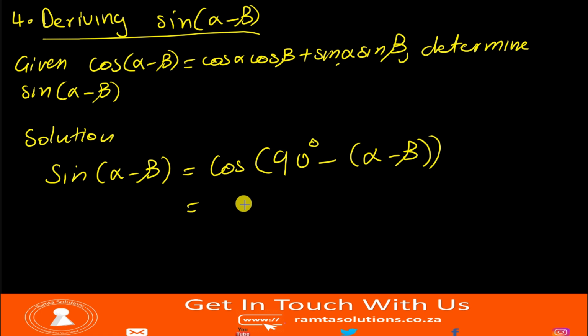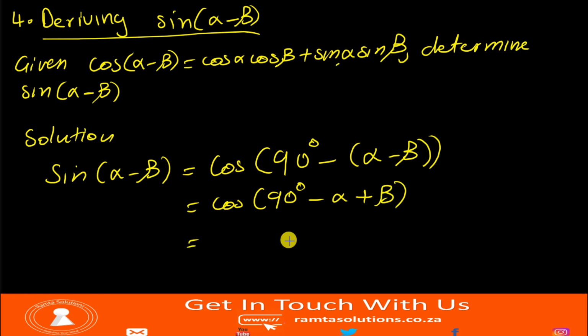Proceeding, we have cos 90 degrees minus alpha plus beta. Okay, 90 degrees minus alpha plus beta. Okay, it does not matter. If you like, you can say it in this way.